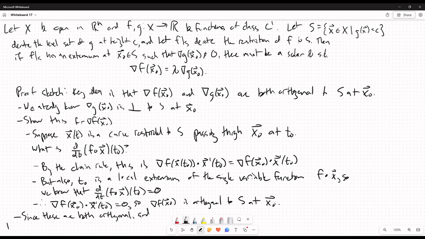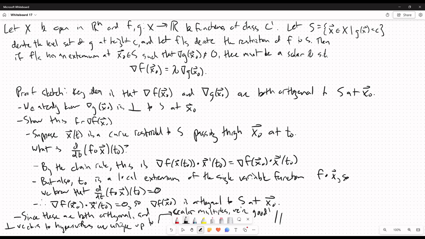And orthogonal vectors to hypersurfaces are unique up to scalar multiples. I'm running out of room. We're good. That's a nice way to end a proof.